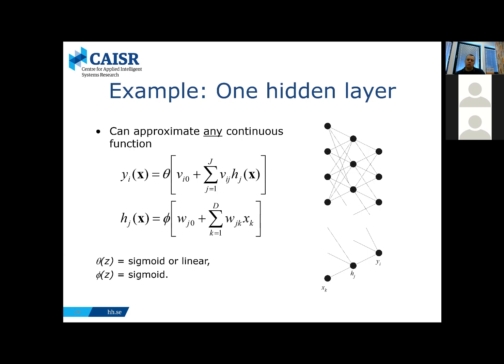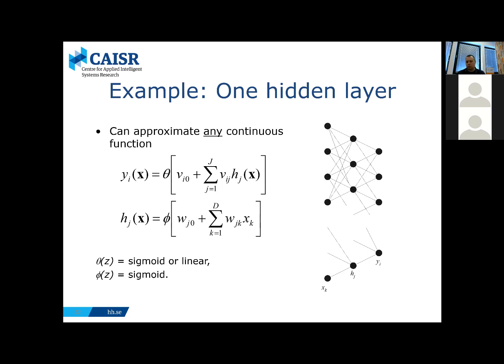And then one can prove that you can approximate any kind of continuous function with a sufficiently large artificial neural network with a single hidden layer. So that's one of the reasons why people have focused on one-layer networks for quite a bit of time.